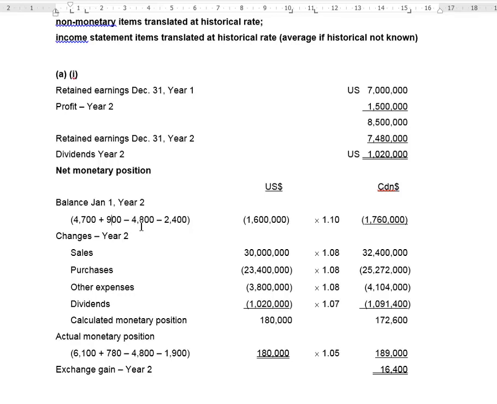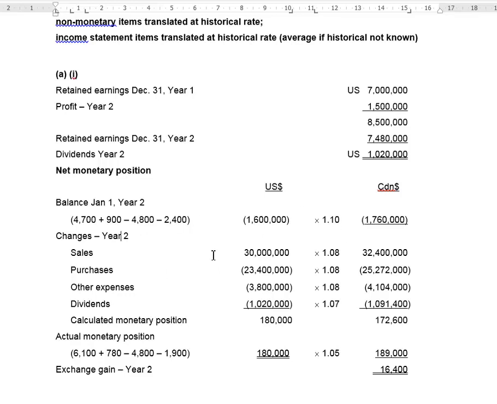And we'll deduct from that our monetary liabilities, which are our bonds payable and our current liabilities that were given in the question at 2.4 million US. So that gives us a net monetary liability position because the monetary liabilities exceeded the monetary assets by 1.6 million.